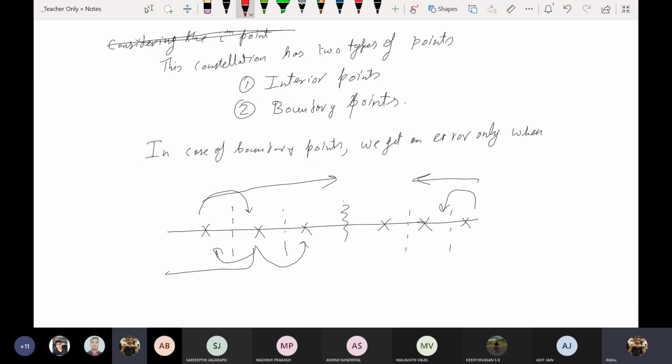Similarly, this can have an error when this goes here or here. Or this crosses the boundary. Or in other words, you can have error when the interior points due to the noise cross over in either direction. But for the edge points or boundary points, only when they cross over in one direction. Yes, sir. Fine, great.